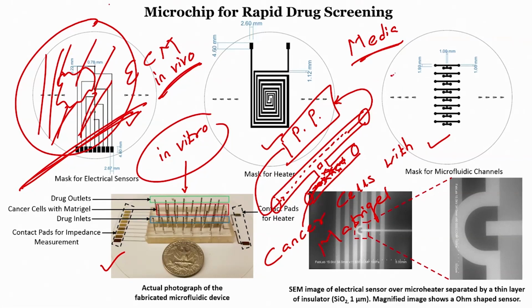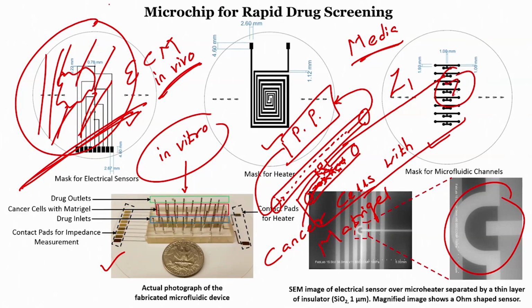and I may get, let us say, impedance Z1. If I am measuring the impedance, why can I measure impedance? Because there are electrodes in this area, right. So, I can measure impedance Z. So, what happens when I flow the media, then I will have impedance Z. If I flow media with drug, then the cancer cells may die.